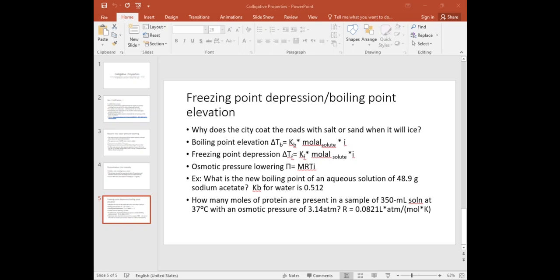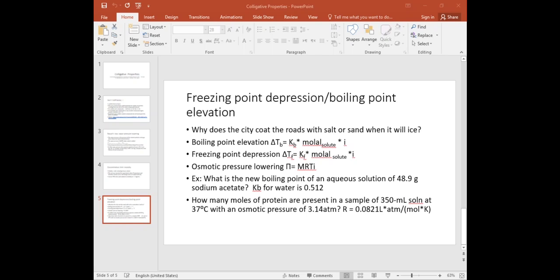And then I need i, the ion factor. All right, so first I'm going to start with the ion factor. Acetate is a polyatomic ion, so this one actually breaks apart into 2 ions. So i equals 2. 1 sodium, 1 acetate.